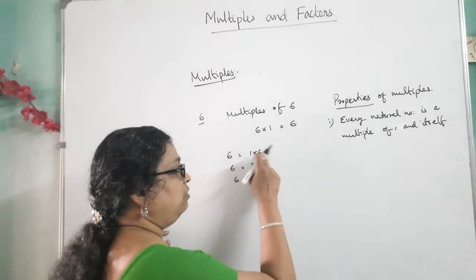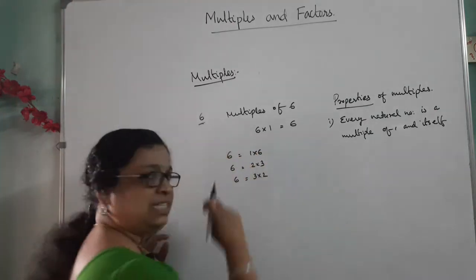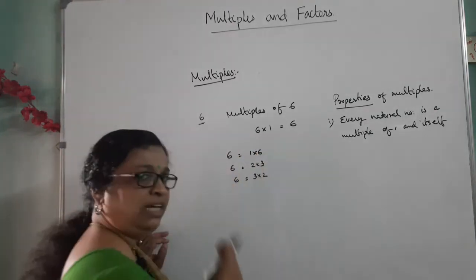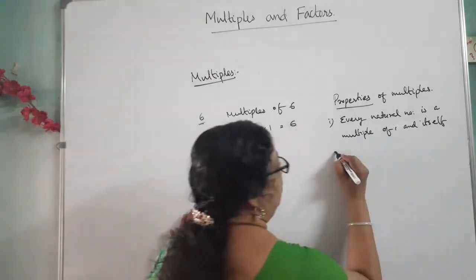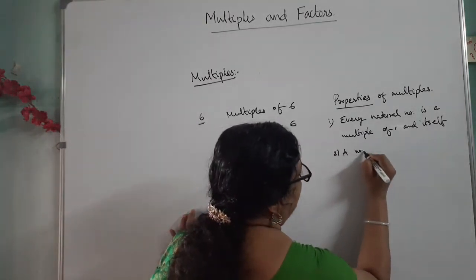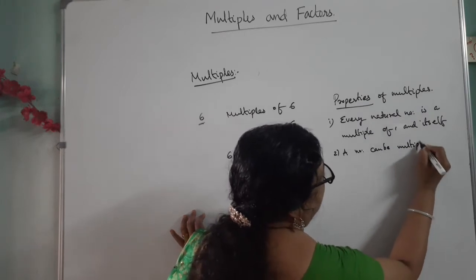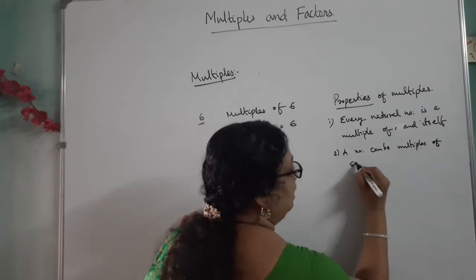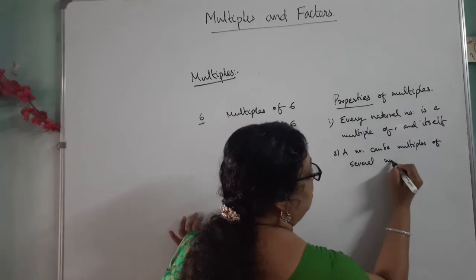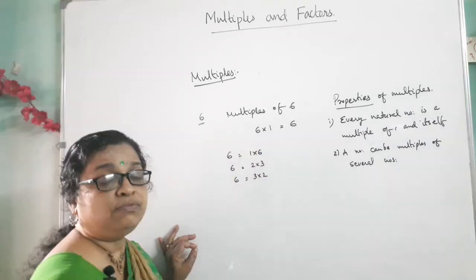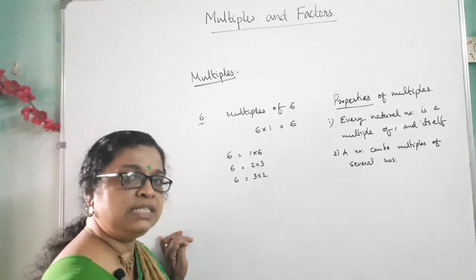That is 6 and 1 multiplying we get 6, 2 and 3 multiplying we get 6. So, the second property, a number can be multiples of several numbers. The first multiple of any number is the number itself.